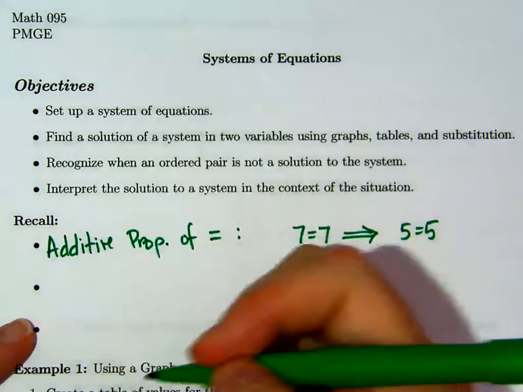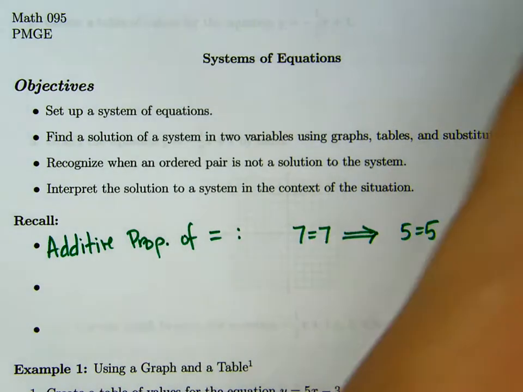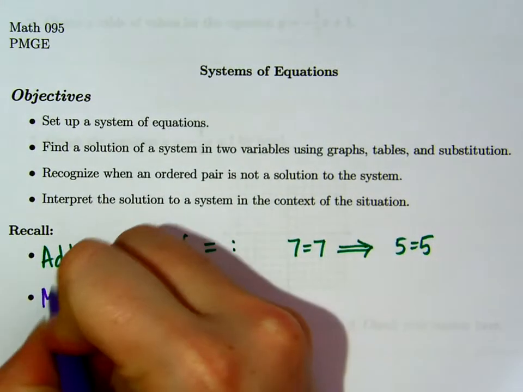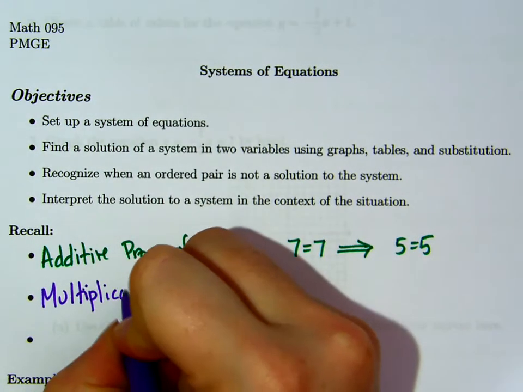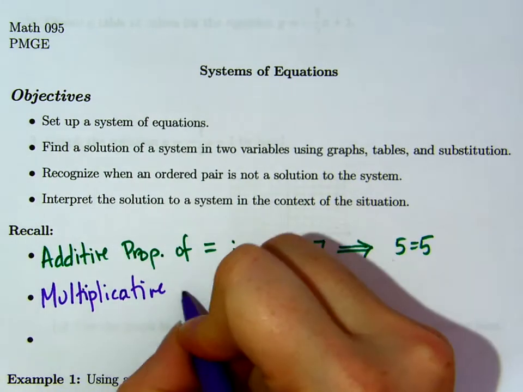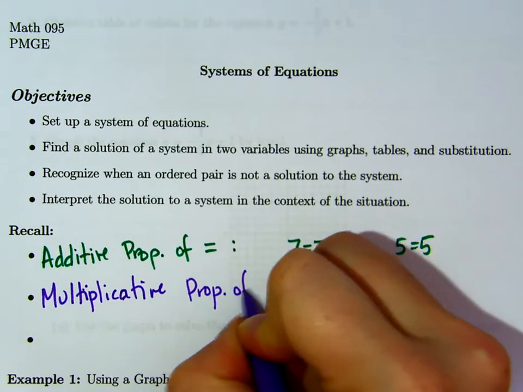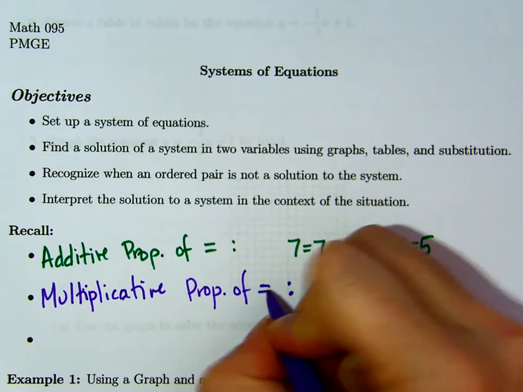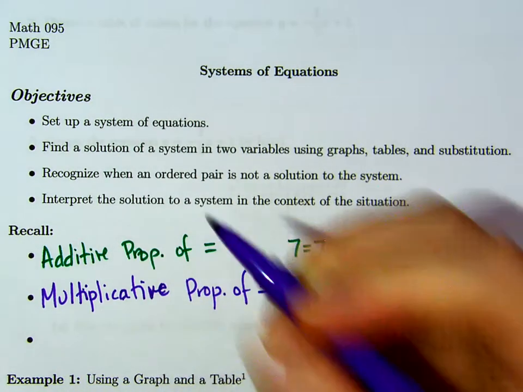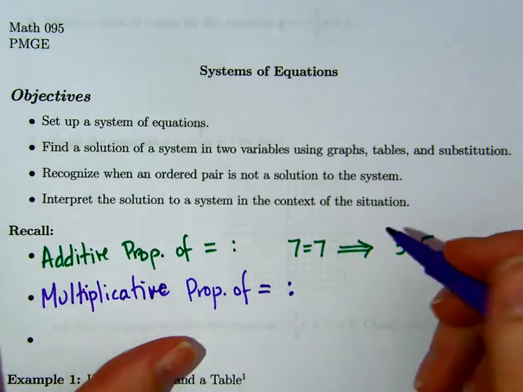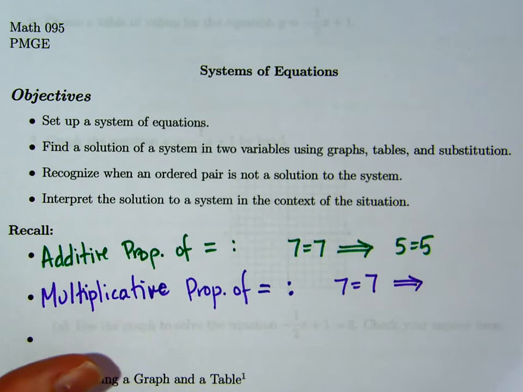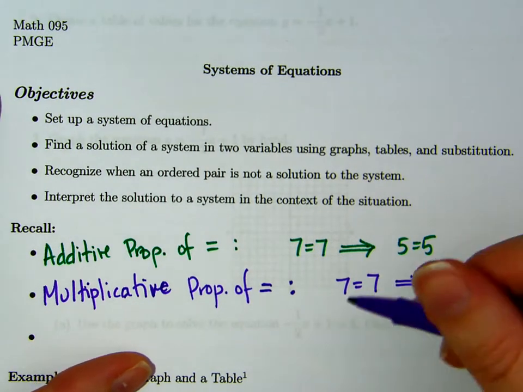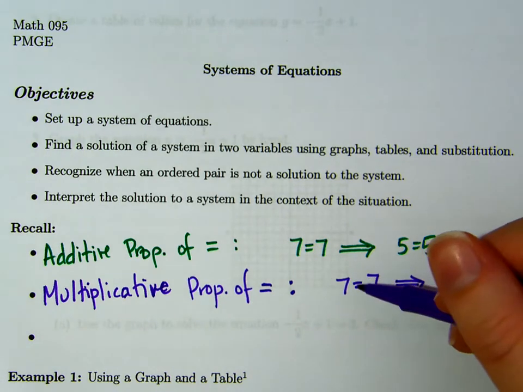And let's see, we also had the multiplicative property of equals. And that said, if I start with 2 things that are known to be equal, so 2 equal quantities, and I scale them up or down, I just have to do it the same on both sides for it to maintain equality.